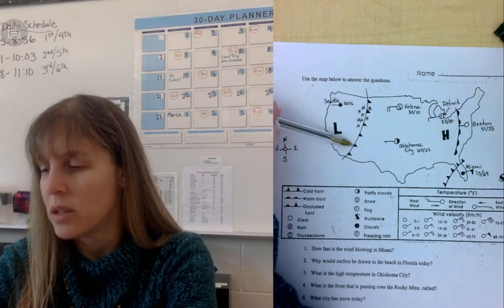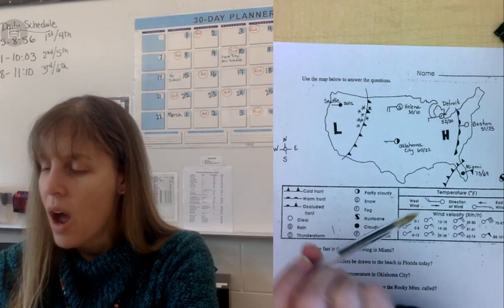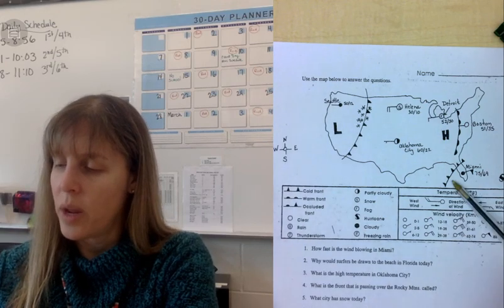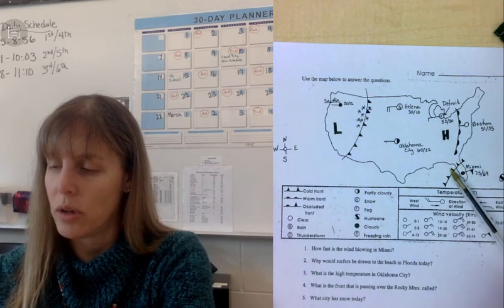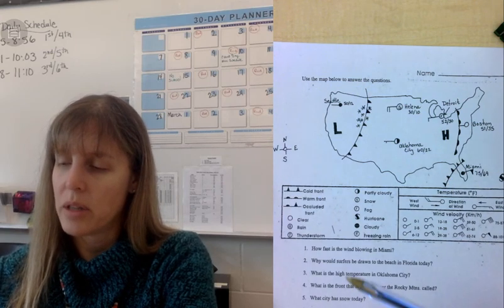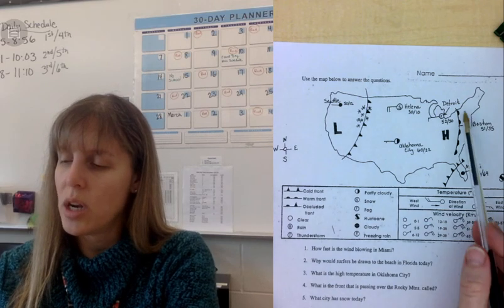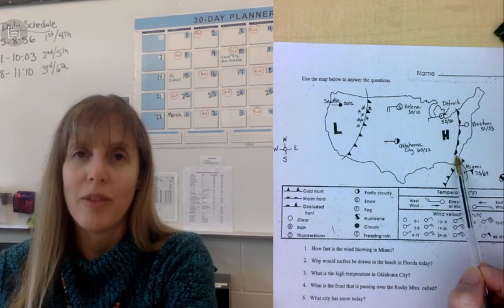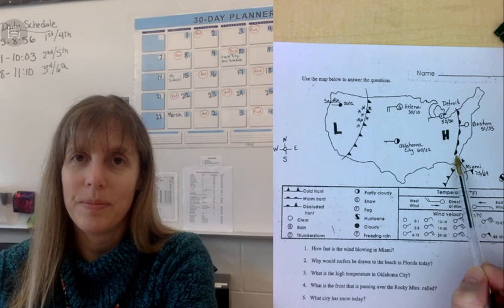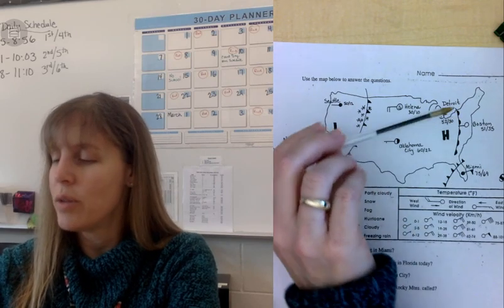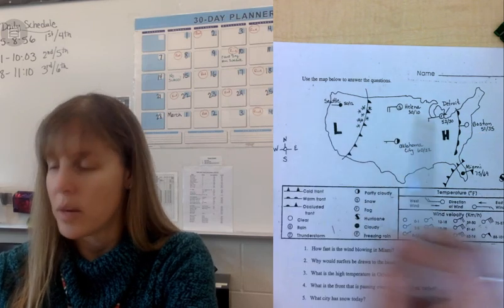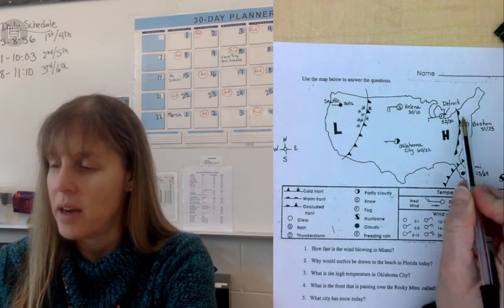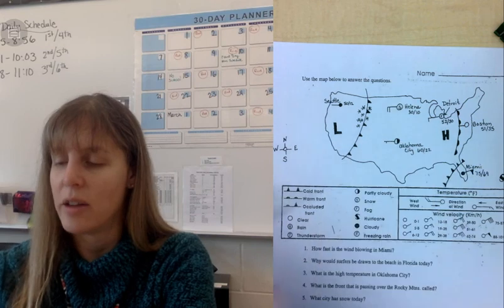It's probably actually going in a circle, but this is the edge of the cold front. So what direction is the warm front going? Raise your hand if you think you know. If you said you think the warm front was going this direction, you are correct, because the bubbles are on this side of the line going that direction.